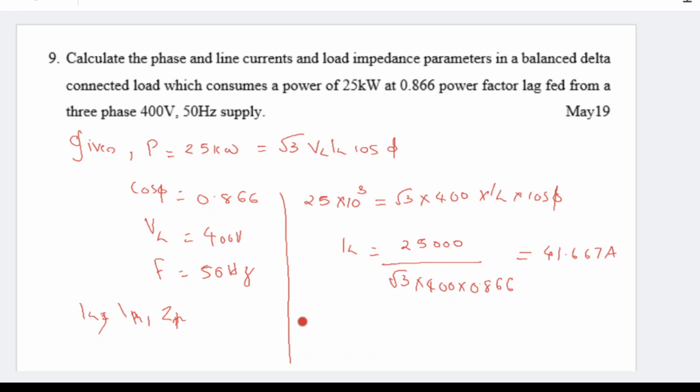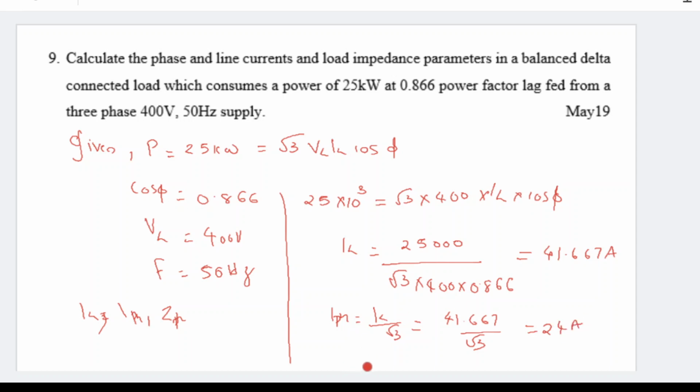But here for delta connection, we know IL is equal to root 3 I phase, isn't it? So I phase is equal to IL by root 3. That will be 41.667 divided by root 3, which gives 24 ampere. I phase will be equal to 24 ampere.